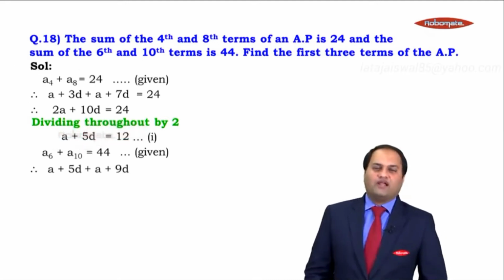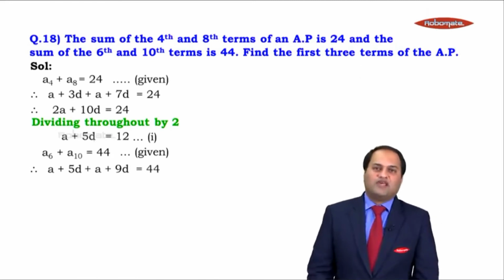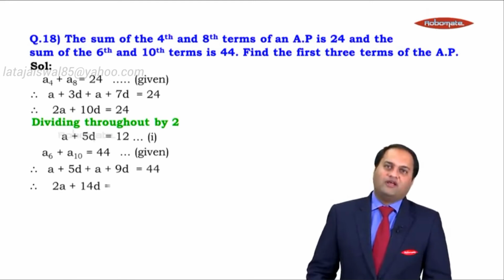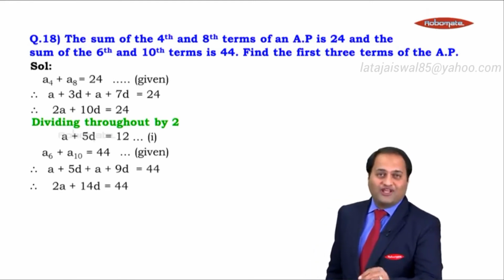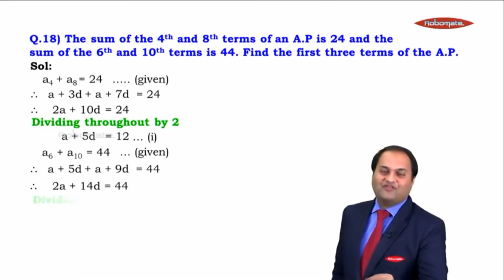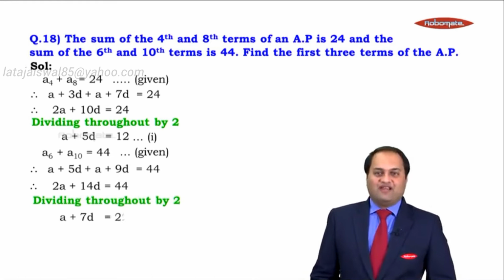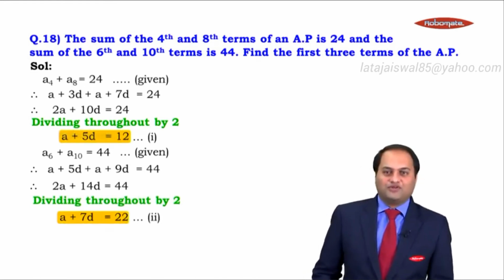So A plus 5D plus A plus 9D is equal to 44. A plus A becomes 2A, 5D plus 9D becomes 14D is equal to 44. Hold on, 2, 14, 44. Again, we can divide throughout by 2 and we get A plus 7D is equal to 22. Let this be equation number 2.